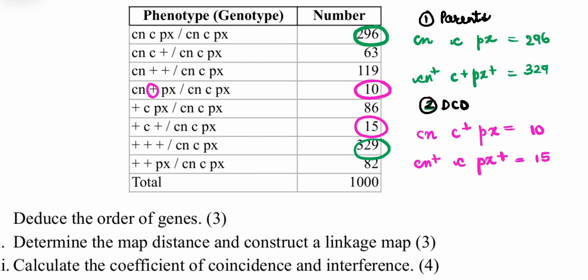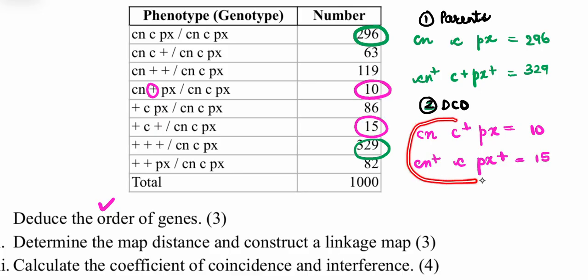Next step, and the first thing, is that we have to deduce the order of genes. So how to find the order of genes? See, the step is very simple. You have to focus only on the double crossovers. Now you take one gene common in them, which if you try to interchange, you get the parental genotype. Again, I am repeating.